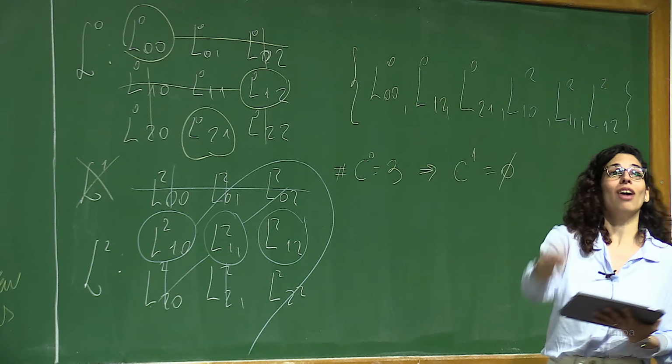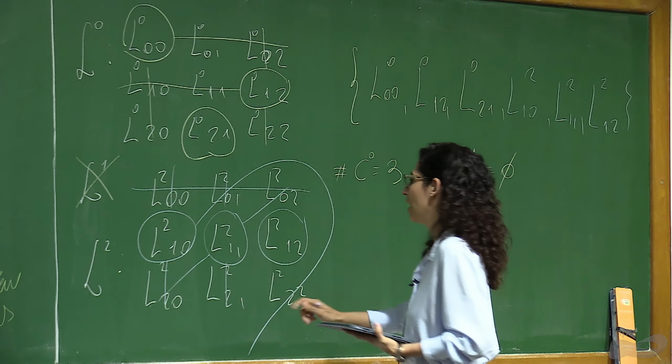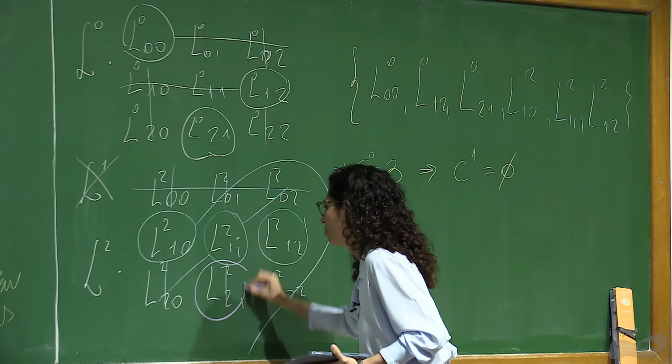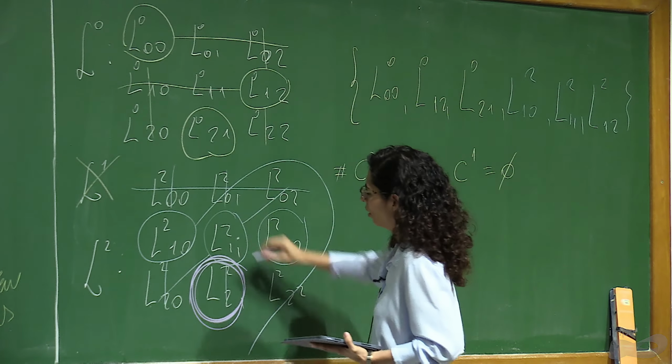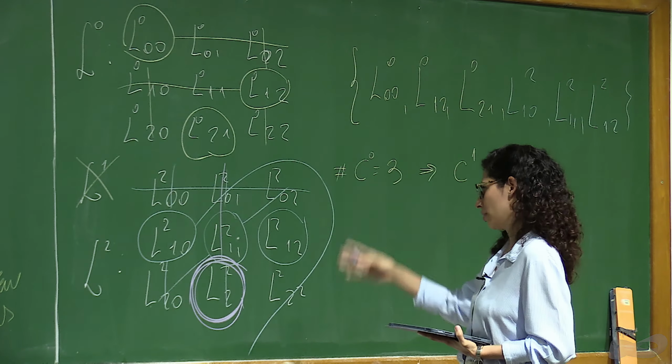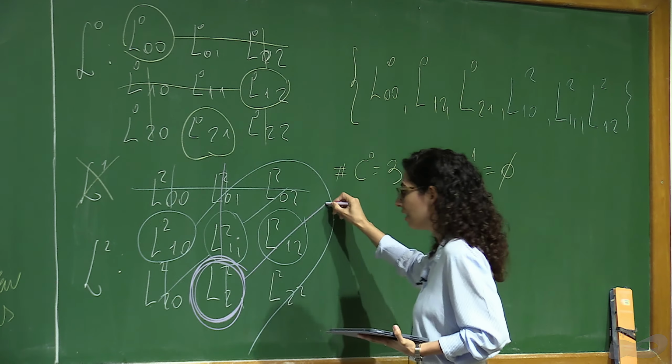But the other example is if you didn't choose this one, but choose this, we can't take options here and here.